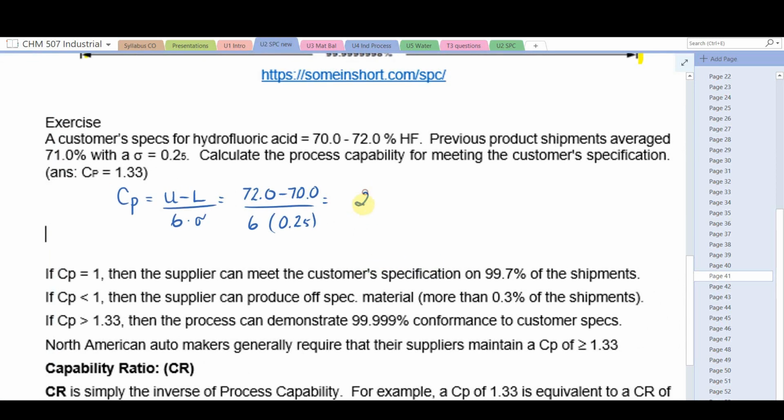So that's 2.0% divided by 6 times 0.25, which is 1.5. The value is 1.33. Units are not generally reported. It's a dimensionless value.